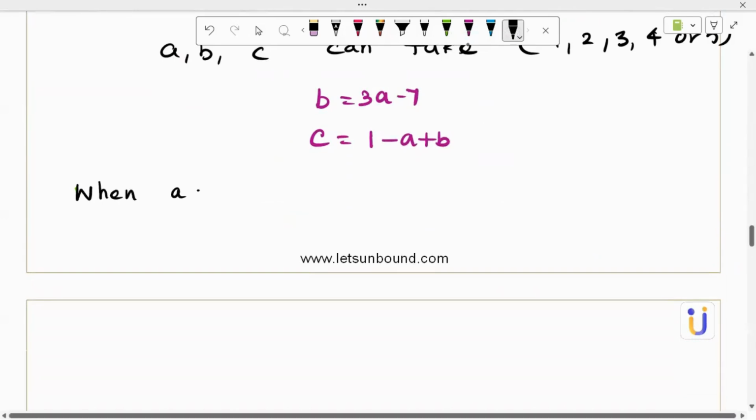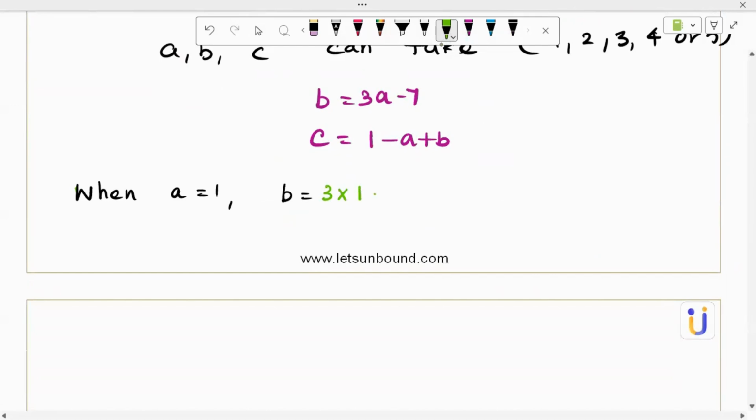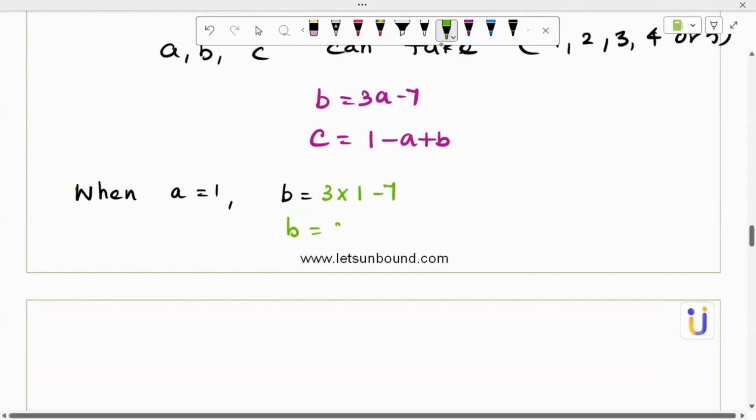My B is 3 times 1 minus 7, which is 3 minus 7, which is minus 4. It's not possible, and I won't try C. So A equal to 1 is not possible.